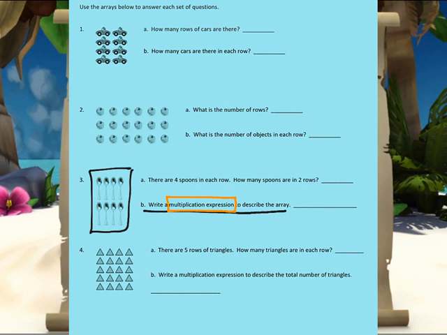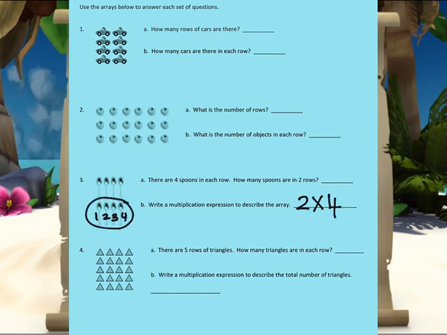So the first factor will be the number of groups. So if you see here, there are 2 groups, 1 group and the second group. So there are 2 groups. Okay, so 2 groups of, so 2 times.